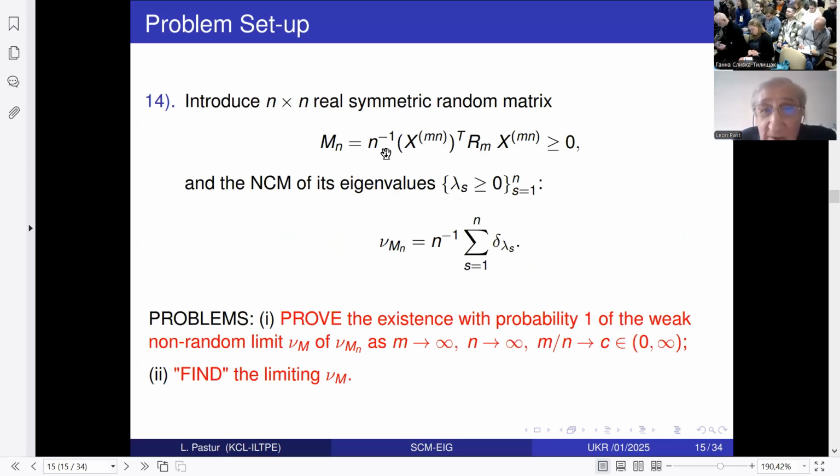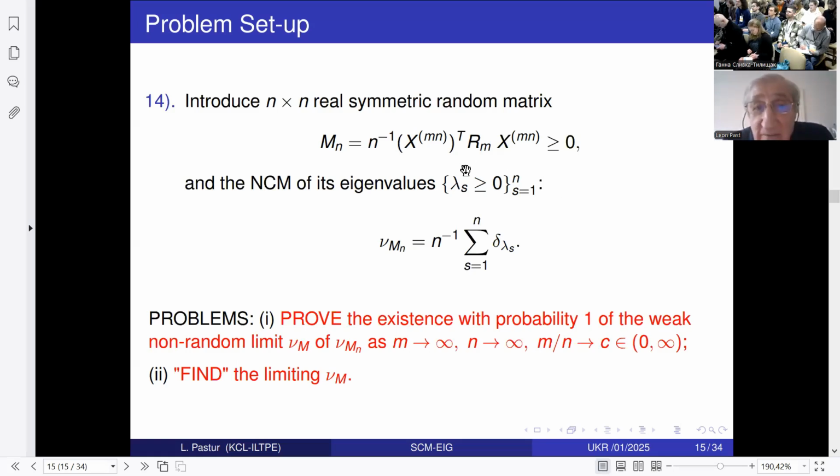Previous time I forgot this important factor. So we take a rectangular matrix, transposed. Then we write Rm, and as a center, we write the X. This will be a positive definite matrix, and therefore it has certain eigenvalues which I denote in that way. And by the way, I would like to repeat that in principle eigenvalues could coincide, so multiplicity not one, but I count all of them, always.